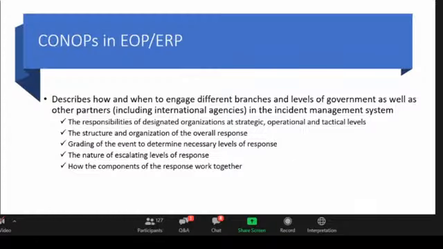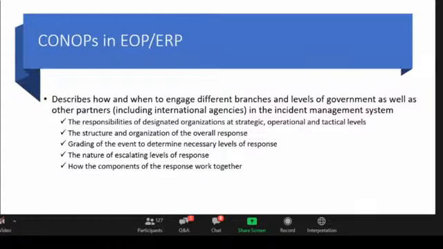In the emergency operations plan, the function of the Conops is to describe how and when to engage different branches and levels of government, as well as other partners in the incident management system.